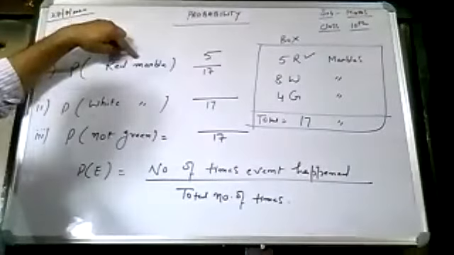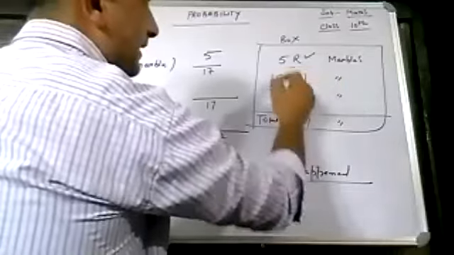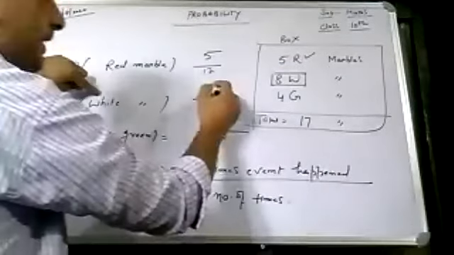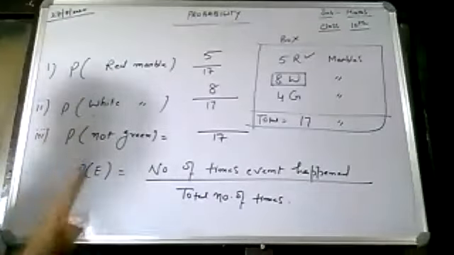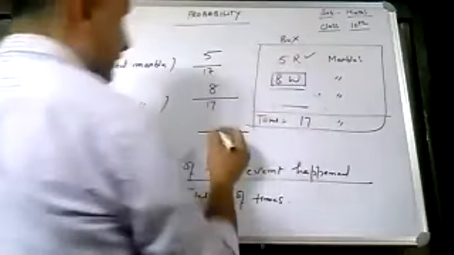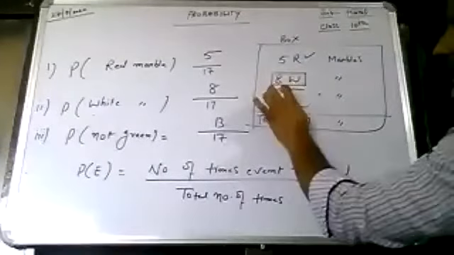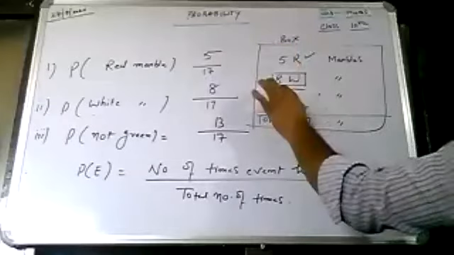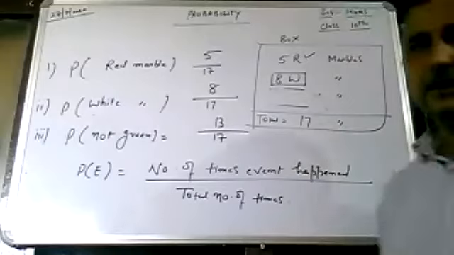Got it class? Probability of white marble, how many are white? That is 8 are white, so probability क्या आएगी? 8/17. Probability of not green, green नहीं होना चाहिए, तो green को छोड़ दो क्लास. 8 + 5, that is 13/17. When I say not green class, it might be red, it might be white. Clear? So red 5, white 8, so total कितने आएंगे? 13 divided by 17. Clear?